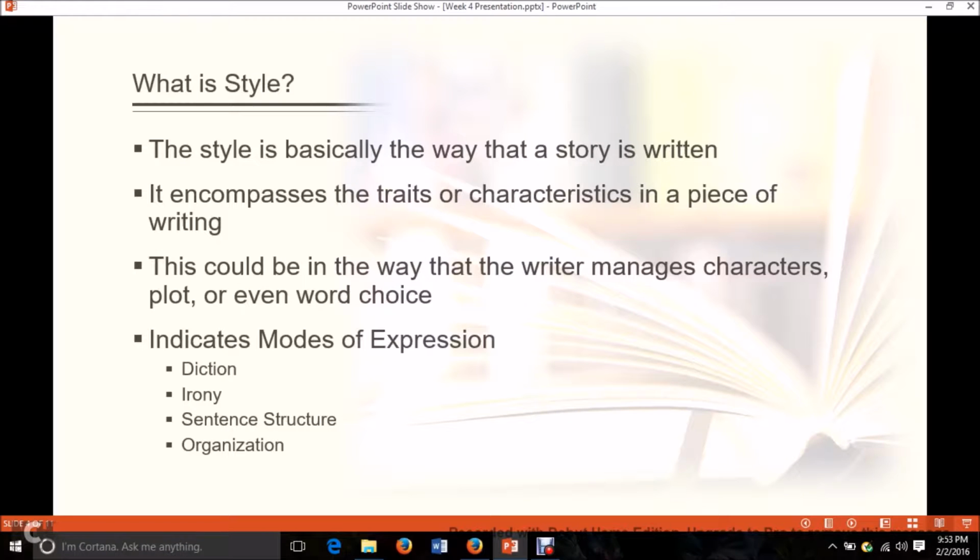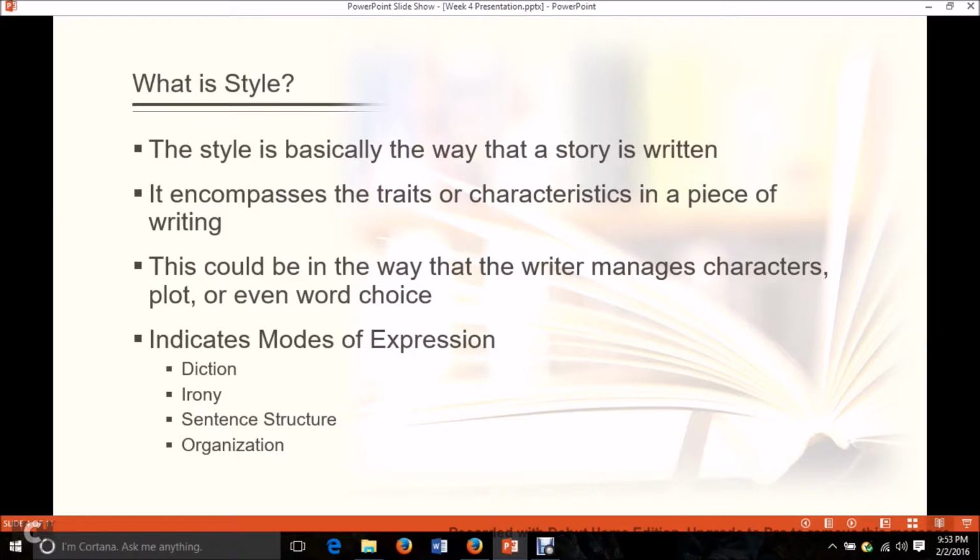So tone can be considered one element of style. This encompasses the traits or characteristics of a piece of writing. This could be the way that the writer manages characters, plot, or even word choice. So like I mentioned, tone can definitely be a part of someone's style, and it's also connected to the modes of expression. So how does the author utilize literary devices, other forms of expression like diction, irony, even sentence structure, the organization of the story?